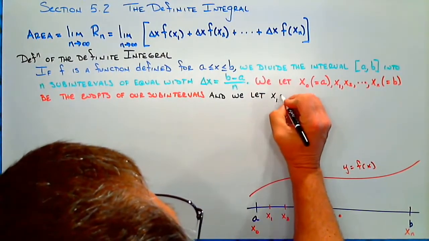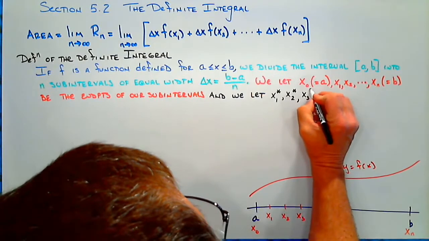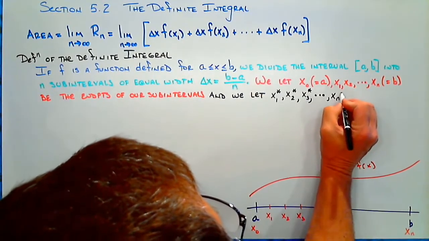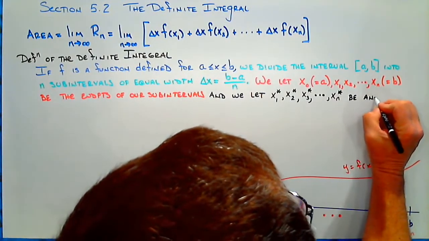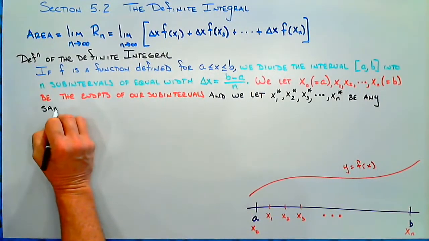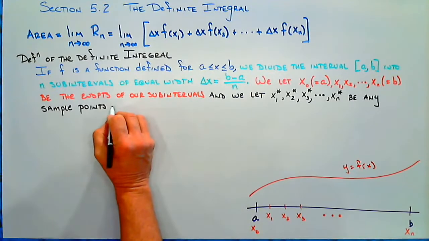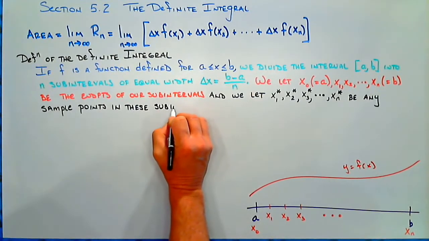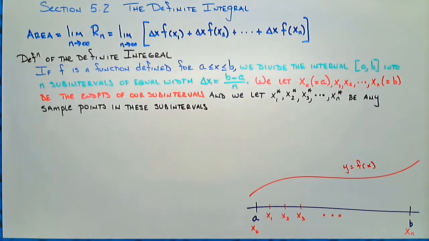We let x sub 1 star, x sub 2 star, x sub 3 star, all the way to x sub n star, be any sample points in these subintervals.